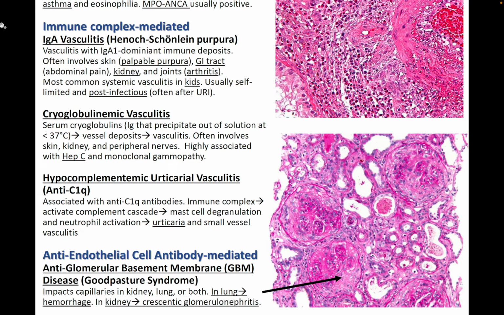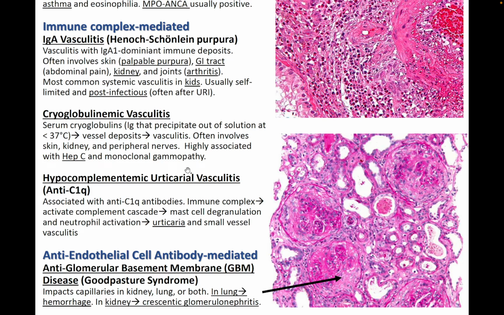In cryoglobulinemic vasculitis, you can have serum cryoglobulins, which are antibodies that precipitate out of solution at less than 37 degrees Celsius, leading to vessel deposits and vasculitis, and it often involves the skin, kidney, and peripheral nerves. There's a high association with hepatitis C and monoclonal gammopathy.